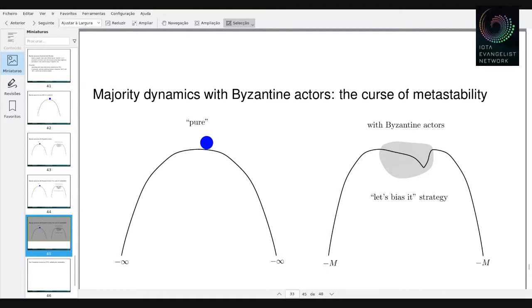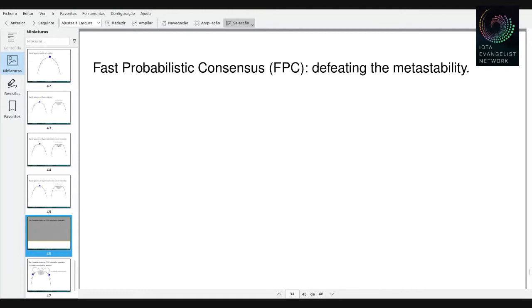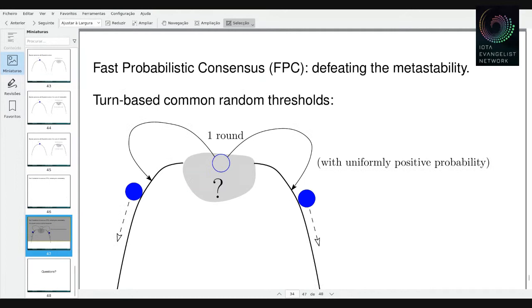Now, in FPC, there is an additional mechanism that helps us defeat metastability. These are these turn-based random thresholds, which are described in this paper by Bill Buchanan and myself, the fast probabilistic consensus paper available in the archive.